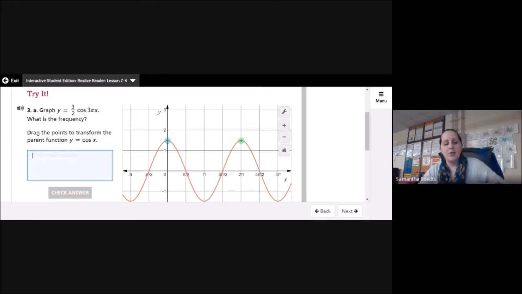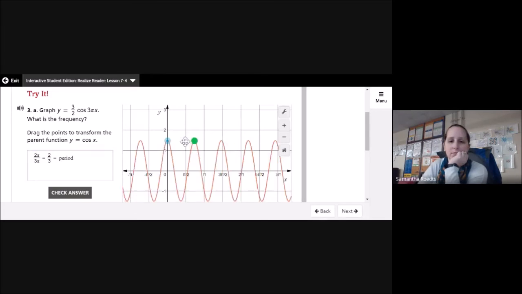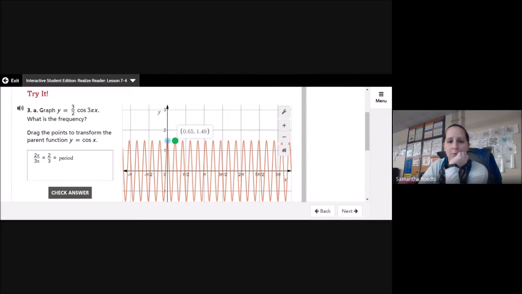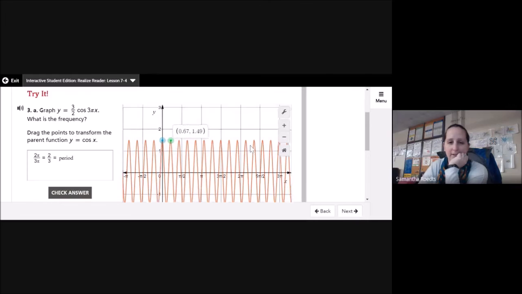Okay, so then I have 3 pi. Remember, we take 2 pi divided by 3 pi, which is going to give me 2/3. So that's my period. So 2/3 should be right around there.